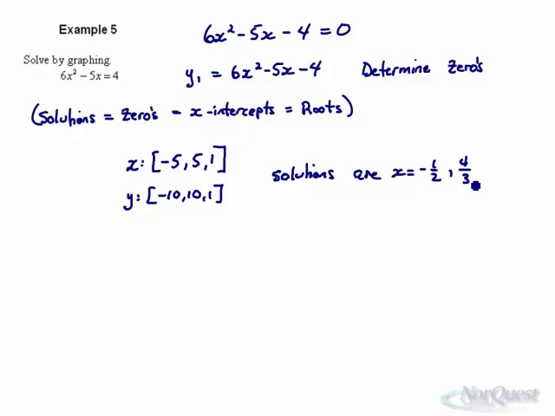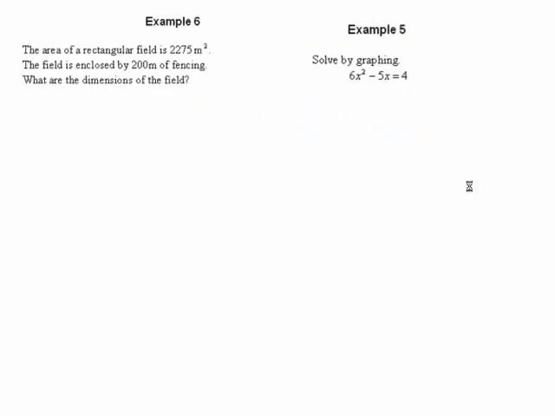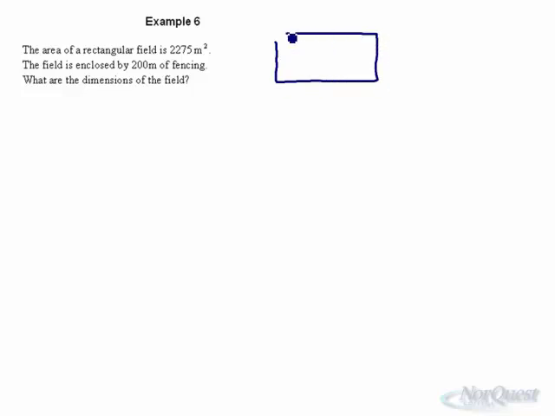Let's do one more, but this time let's make it a word problem first. It says the area of a rectangular field is 2,275 meters squared. So we have an area equals 2,275 meters squared. The field is enclosed by 200 meters of fencing.